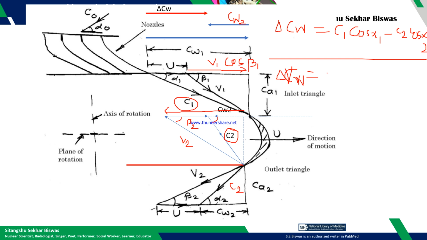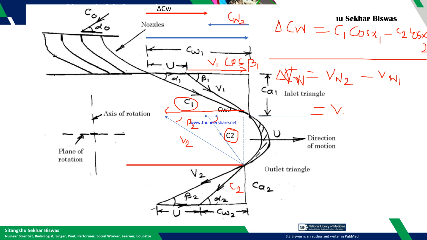So this is VW2 minus VW1. So what is VW2? VW2 is basically V2 cos beta 2.